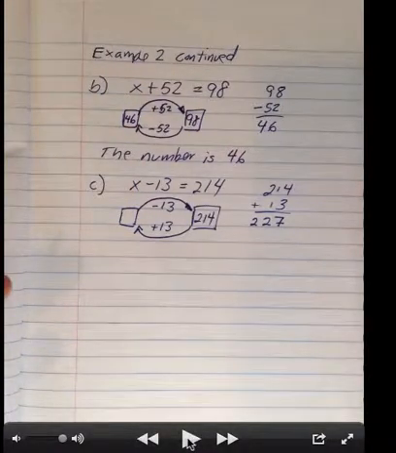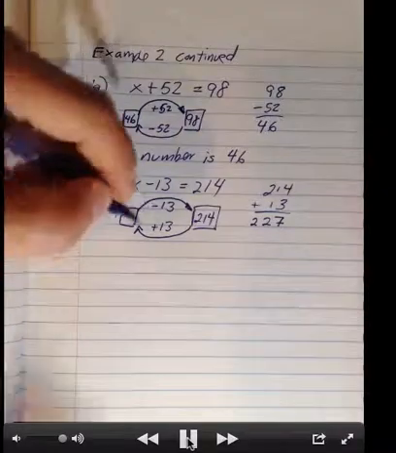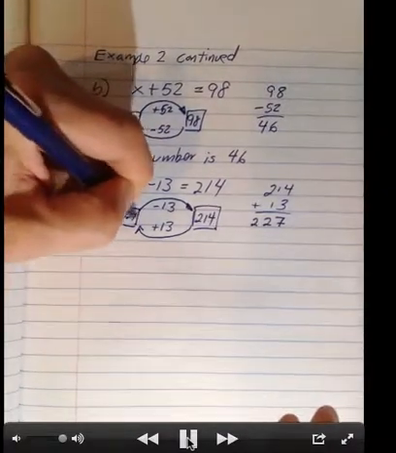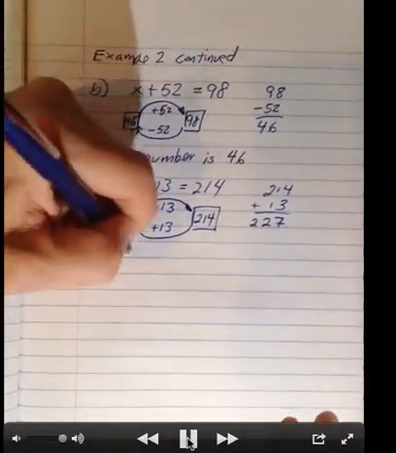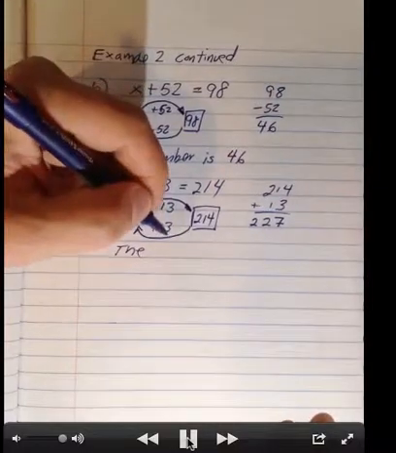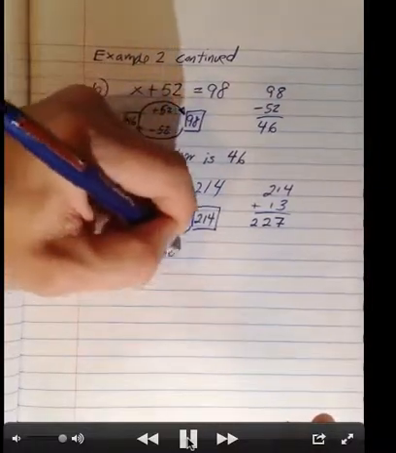So, x minus 13 equals 214. There was a number, 13 was subtracted from it, and it became 214. So we add 13 to 214 and get 227. So the number was 227.